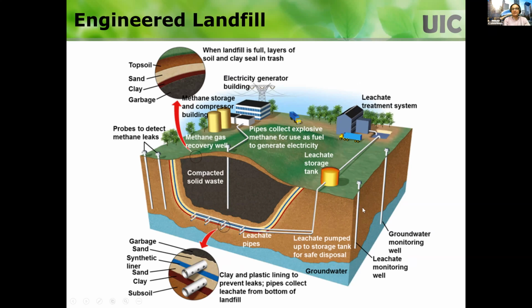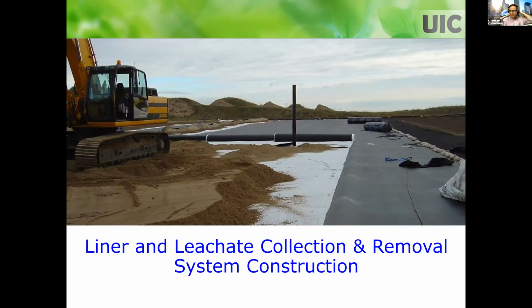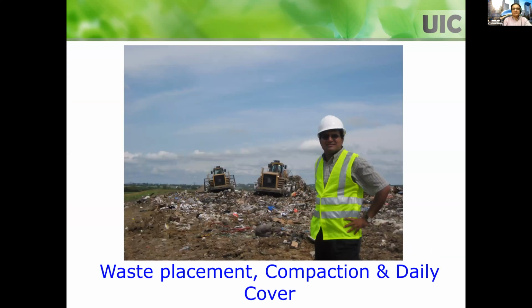If something is leaking, you can detect it with these groundwater monitoring wells. I teach a course on landfill design. I use this book, and the practice is well established. I'm just showing you liner and leachate collection and removal system construction here. This is pretty standard in practice.